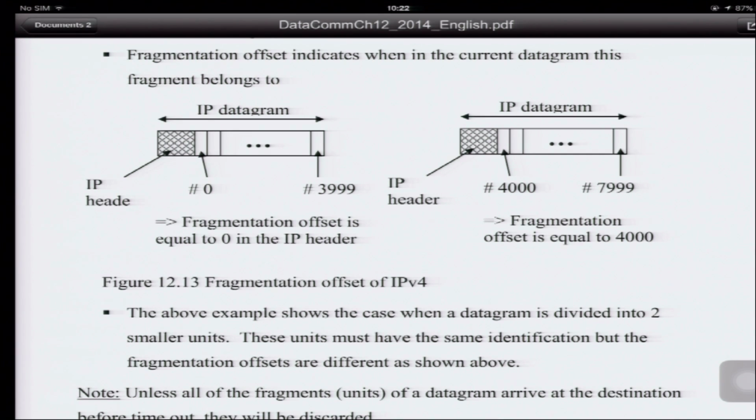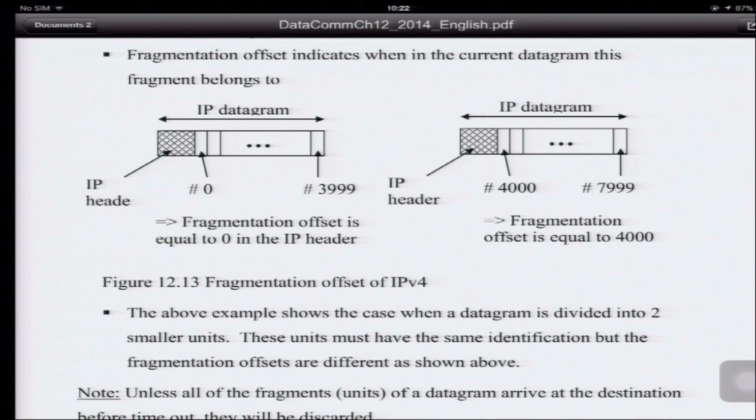So look at the first picture on the left. The IP header is the same. And this one is the first part that was fragmented. So this fragment offset is number 0 because it starts from byte number 0 up to, in this case, byte number 3999. And this is the IP datagram that has been fragmented.